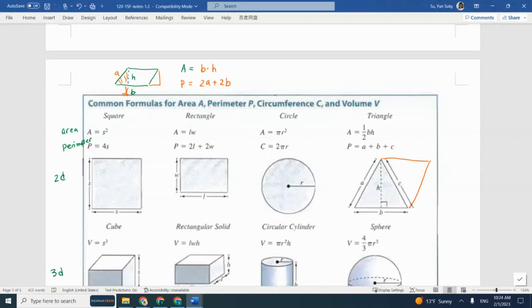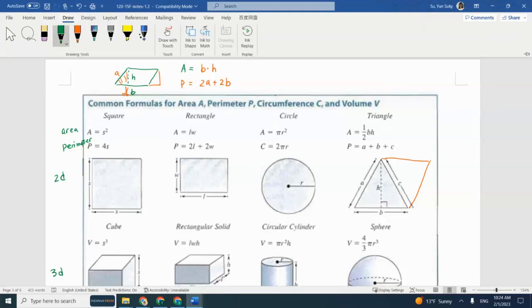Do you see we get a parallelogram? So triangle is half of a parallelogram. Yes? Therefore, area, half of parallelogram area is base times height. That's why we get the half. Okay, everybody? And perimeter. Oh, we have 3 sides. Just add them up together. Okay, everybody?